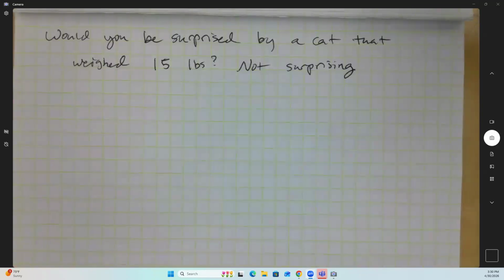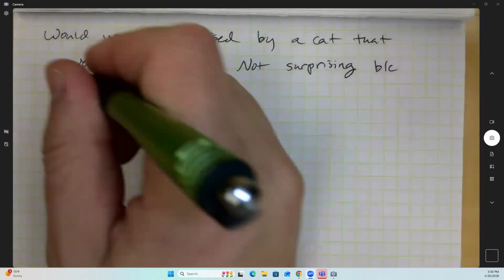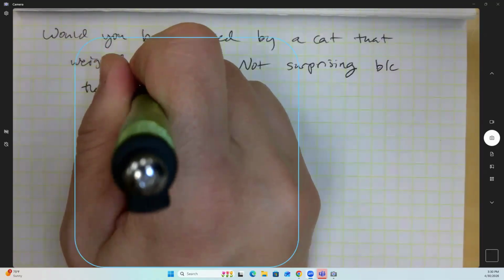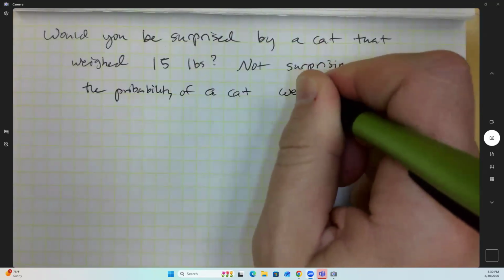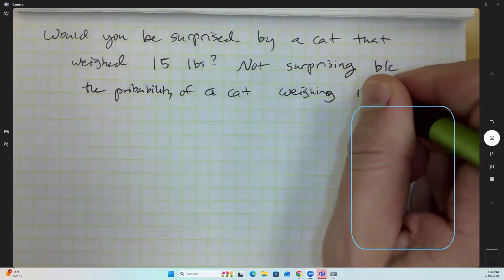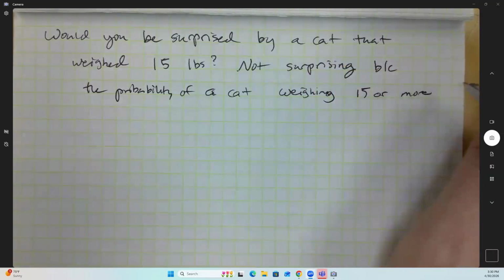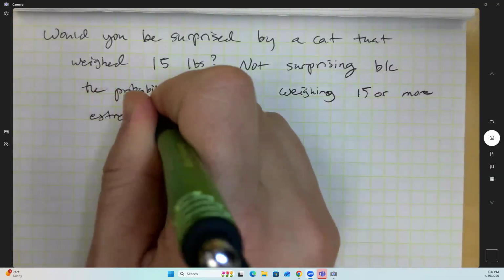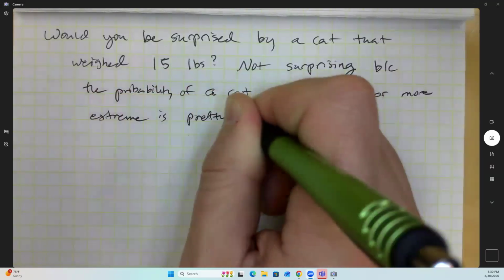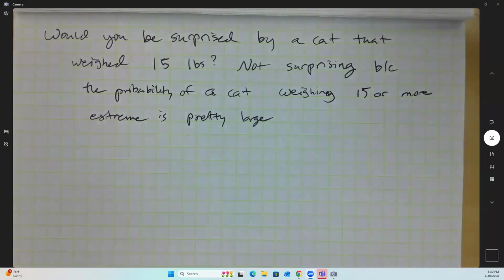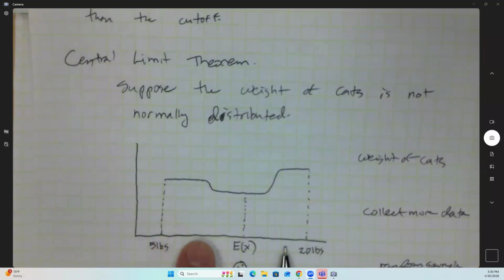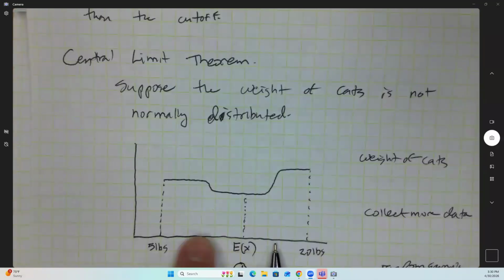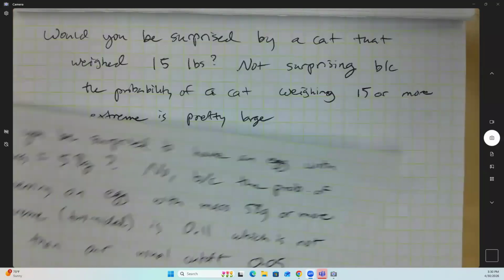So not surprising because the probability of a cat weighing 15 or more extreme is pretty large. I can't tell you the exact number, but I can use a visual analysis to say it's pretty large. There's a lot of that curve more than 15 or less than 7. Right. Okay.